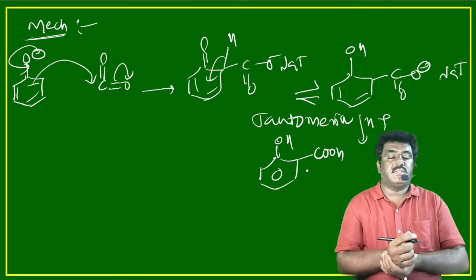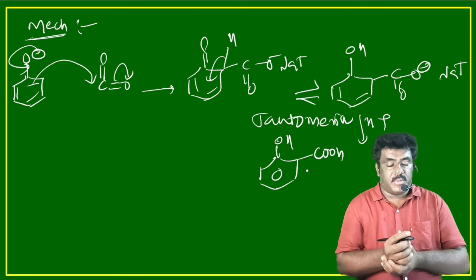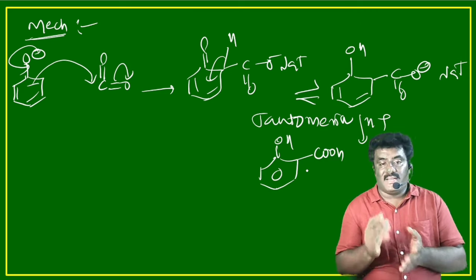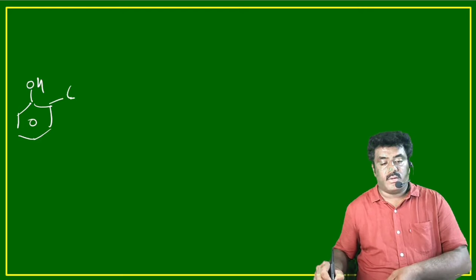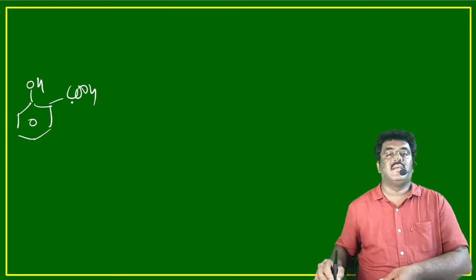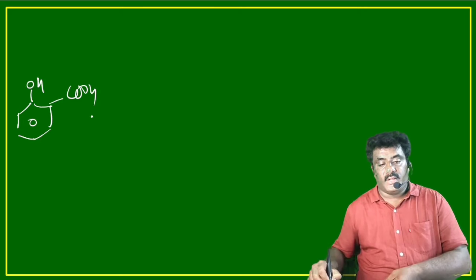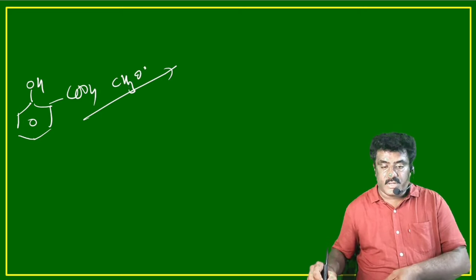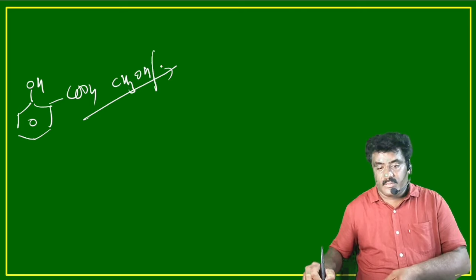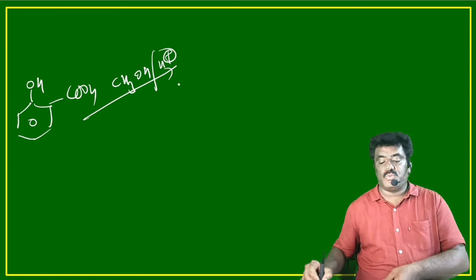The Kolbe's reaction is used for the preparation of important derivatives in medicines. See, orthohydroxybenzoic acid, or salicylic acid. See, its reaction with methanol CH3OH in presence of H plus forms what?